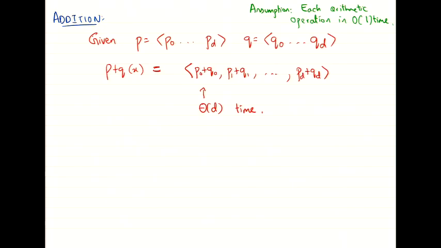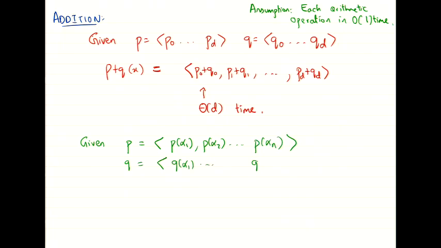You're given 2 polynomials, given P not as a list of coefficients, but as a list of evaluations. You're given the value of P at n points, and the value of Q at n points. You're given 2 polynomials by their curves.